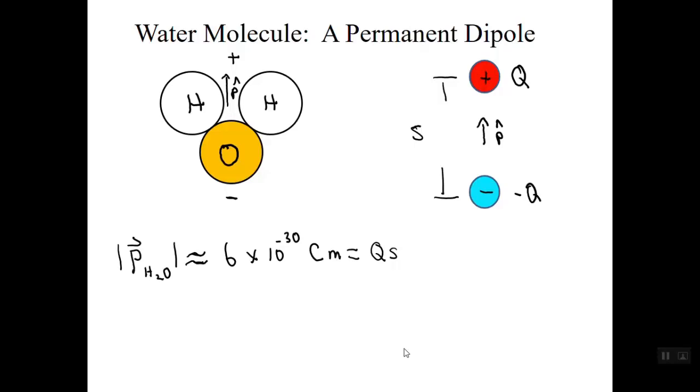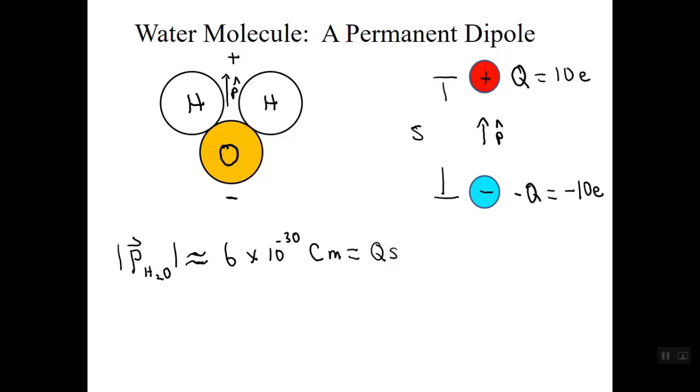You'll recall that we can write the magnitude of the electric dipole moment as a product of the magnitude of either charge, which we will write here as capital Q, times the separation distance s between the positive and negative charges.